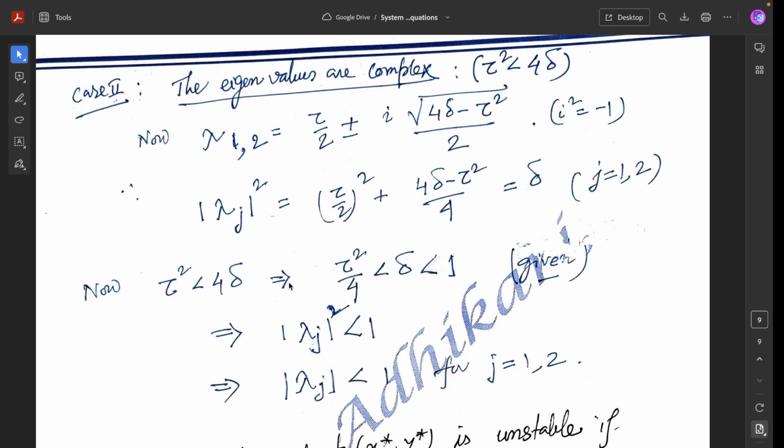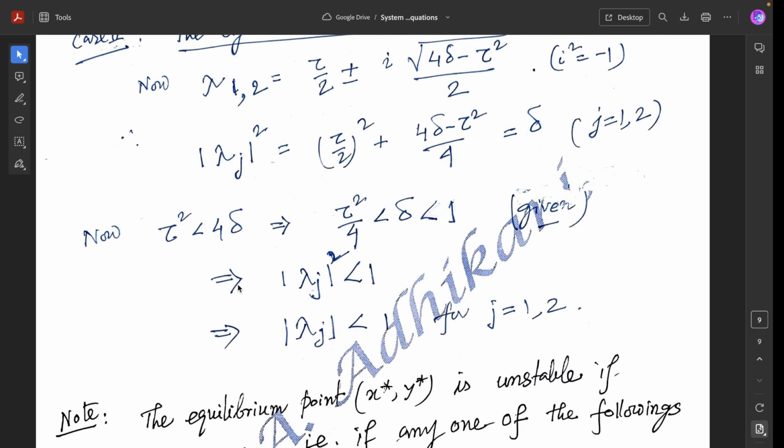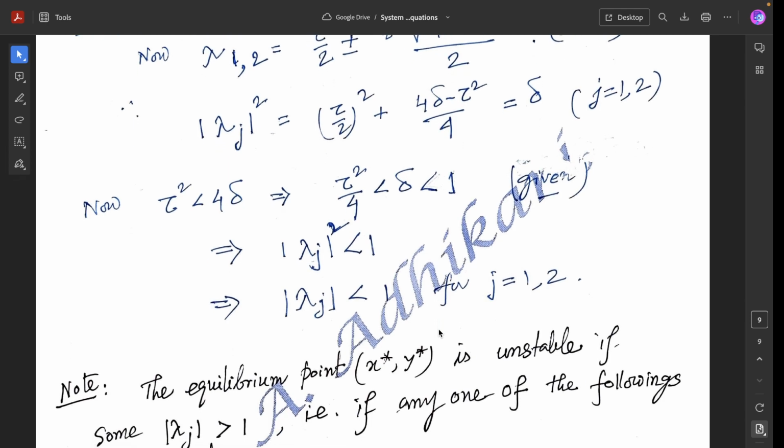Now tau square less than 4 delta, so tau square by 4 is less than delta, less than 1. This delta less than 1 was given. This implies modulus of lambda j square is less than 1, because delta is the modulus of lambda j square. So obviously modulus of lambda j is less than 1. This completes the proof.